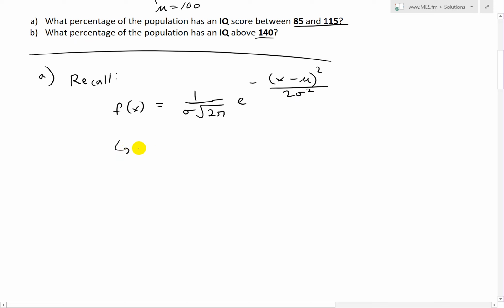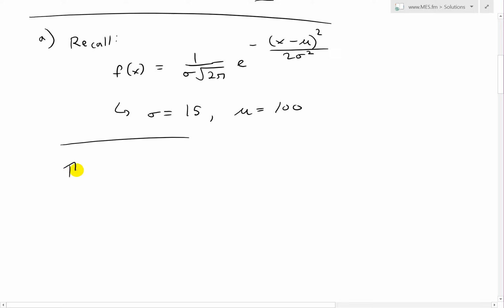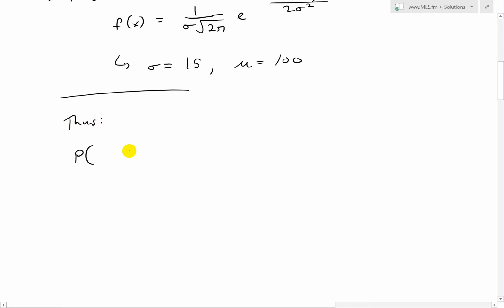In our case sigma equals 15 and mu equals 100. So the probability for the first one, where we have a score x between 85 and 115, is the probability that 85 is less than or equal to x, and x is less than or equal to 115.